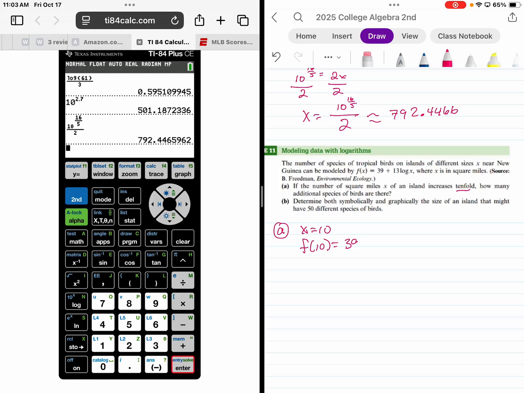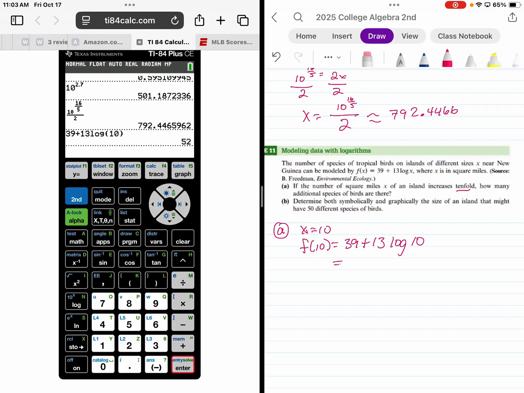So 39 plus 13 times log of 10. Now I can type that in the calculator. 39 plus 13 log 10, close the parentheses. I will tell you it is 52 is what it's going to be.